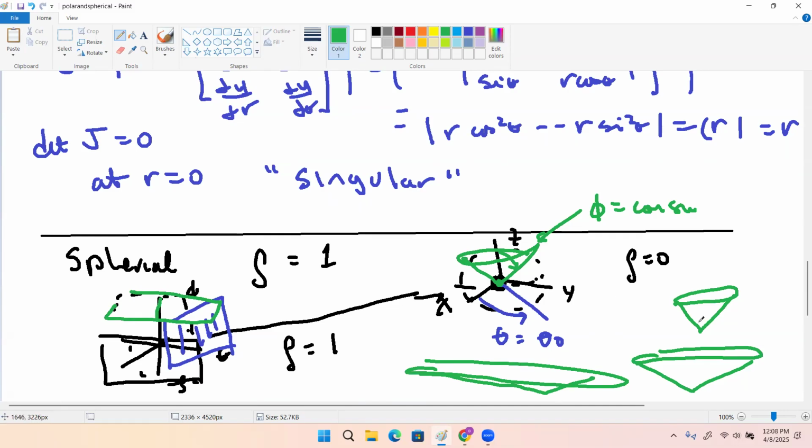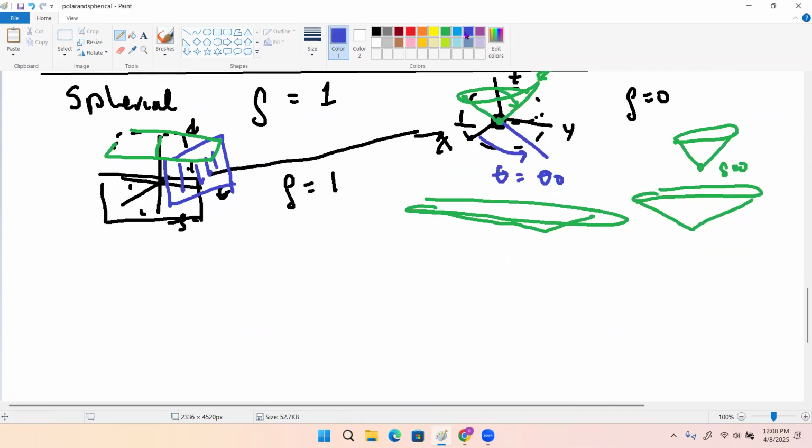So you're really taking this cone and sort of smashing it, driving this point here, the rho equals 0 point, into here. But remember, in this space, rho equals 0 is an entire plane. So that's what's going on with those.